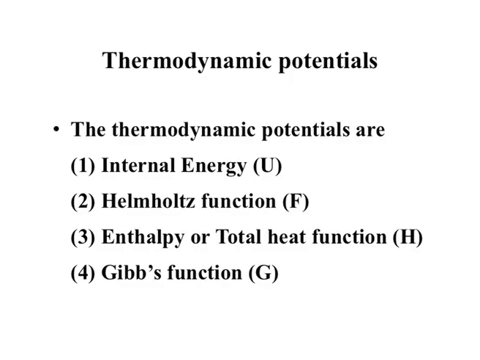There are 4 thermodynamic potentials. The first is internal energy U, the second is the Helmholtz function F, the third is enthalpy or total heat function H, and the fourth is the Gibbs function G. Now we will discuss these 4.